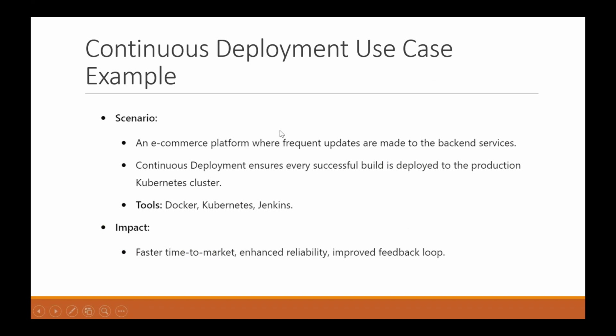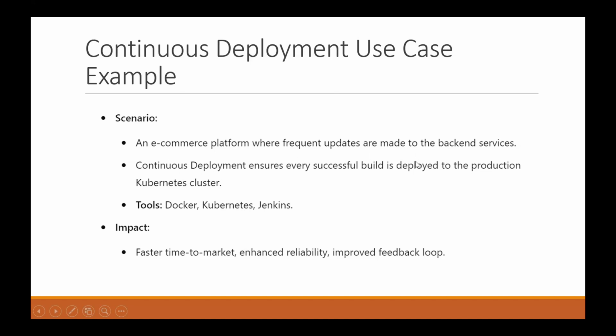Let's now see the use cases for continuous deployment. Consider this scenario: an e-commerce platform where frequent updates are made to the backend service. Continuous deployment ensures every successful build is deployed to the production Kubernetes cluster. Whenever frequent updates are required in any application, you can use continuous deployment.